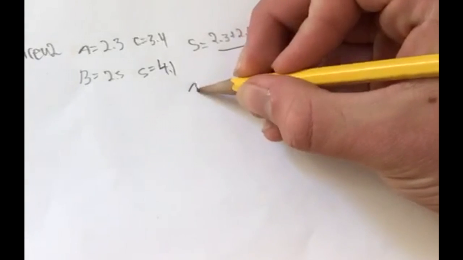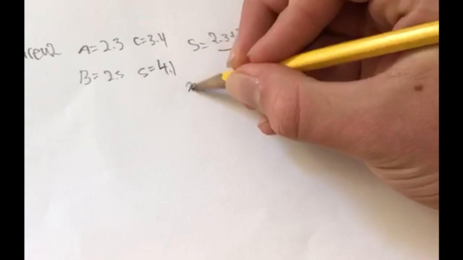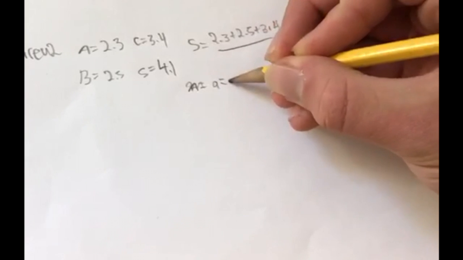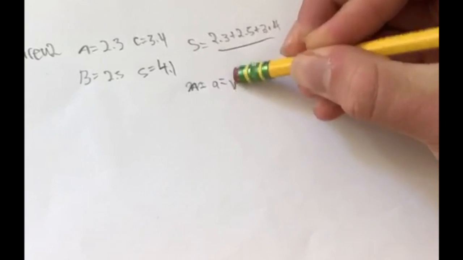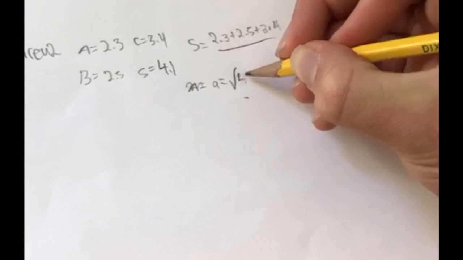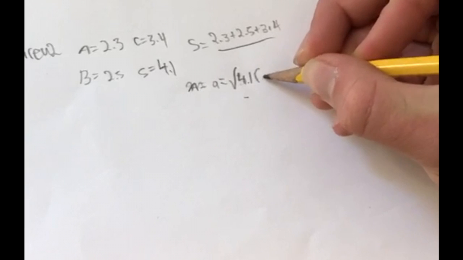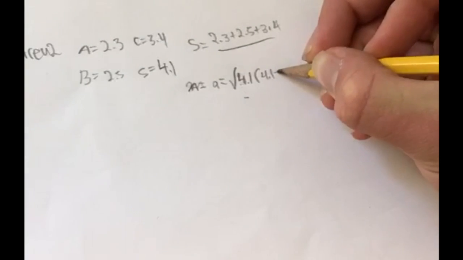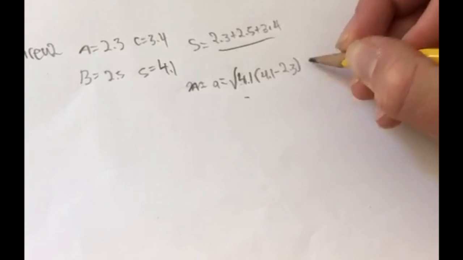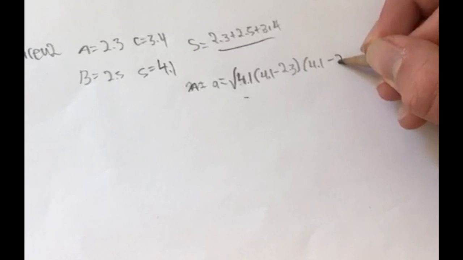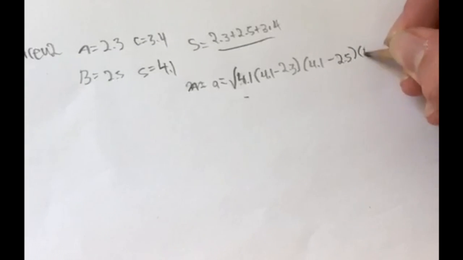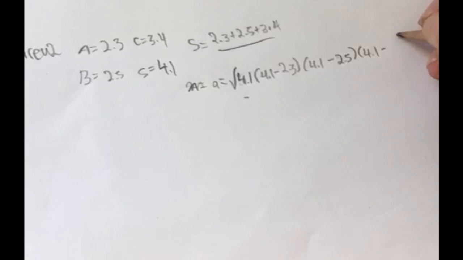Now we're going to do this. Area is equal to, well, let's do a little a so we don't get confused. Square root of 4.1, which is S, 4.1 minus 2.3, 4.1, I'm going to go off the screen here, 2.5, and then 4.1 minus 3.4.